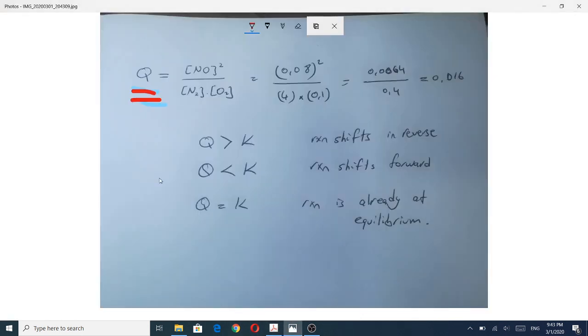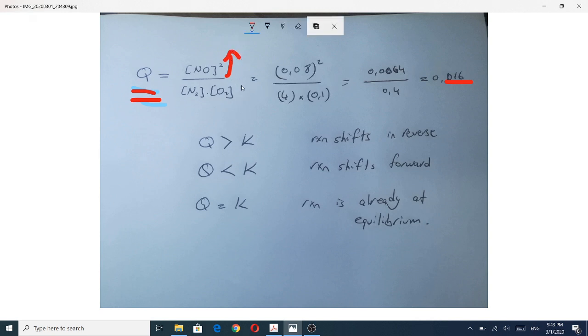I have found Q. Q tells us if the reaction is at equilibrium or not, or if there is more product or more reactant. As we calculated Q, we got 0.016, which is bigger than the equilibrium constant. It means that the reaction is still not at equilibrium. So higher Q means that the products are higher, the reactants are lower.